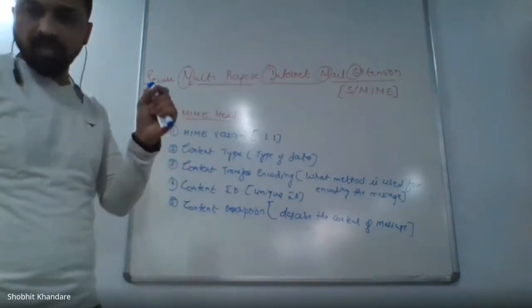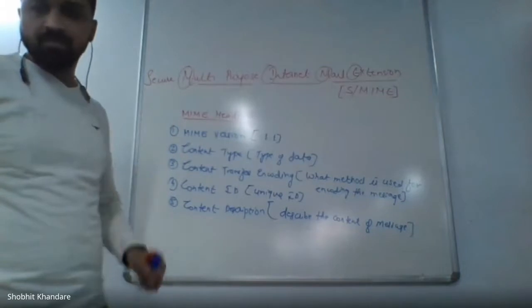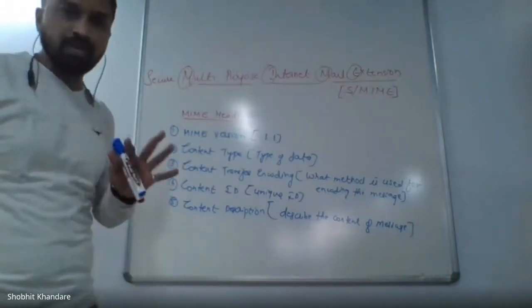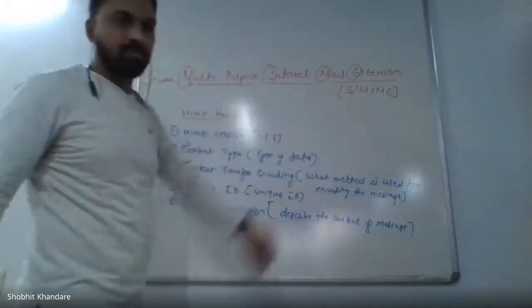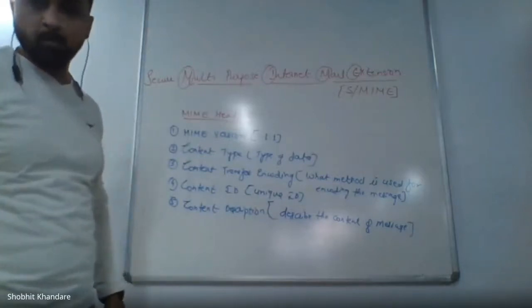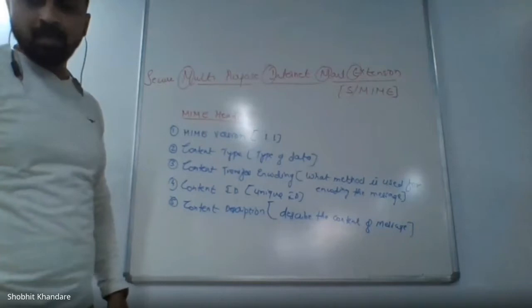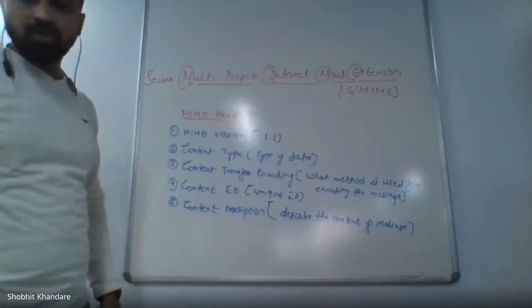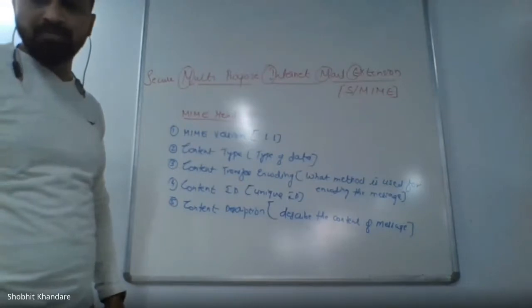Write down the first one: includes security services. We are writing for SMIME, secure MIME. Number 2: uses public key cryptography.